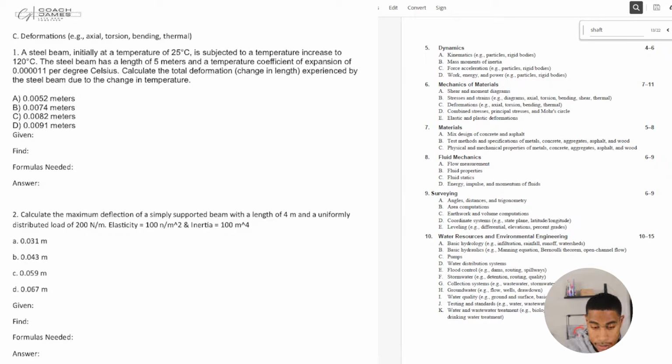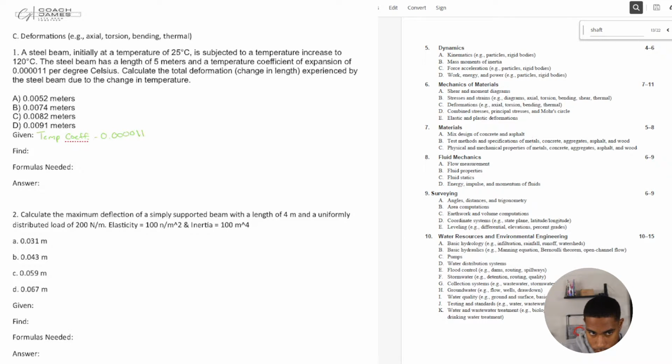So what information are we given? We're given the temperature coefficient, which is 0.000011 per degree Celsius.